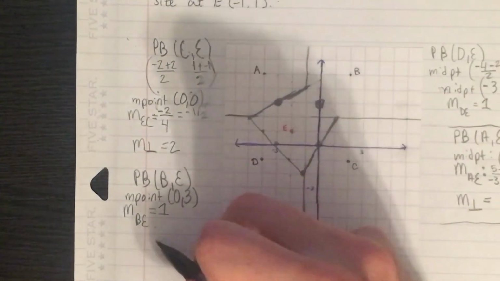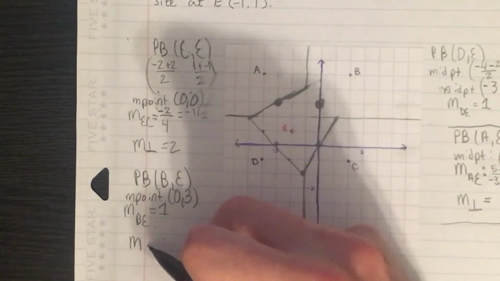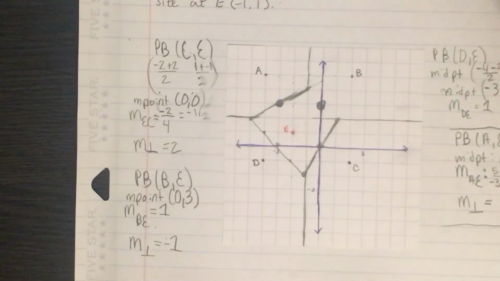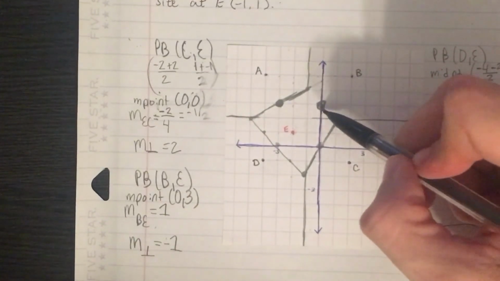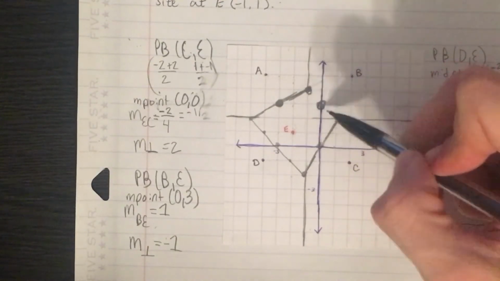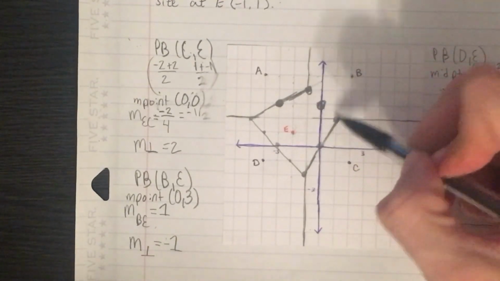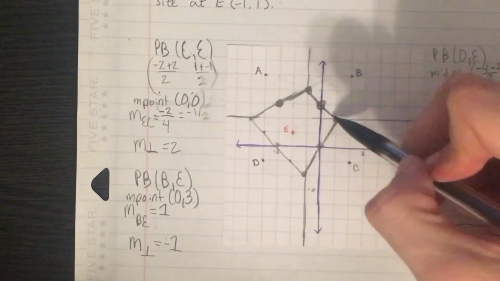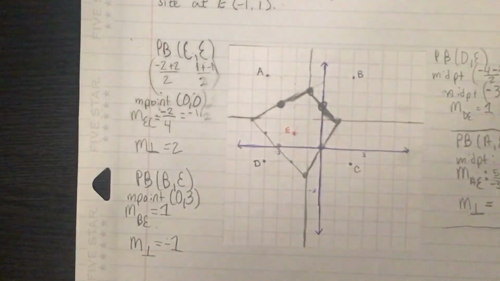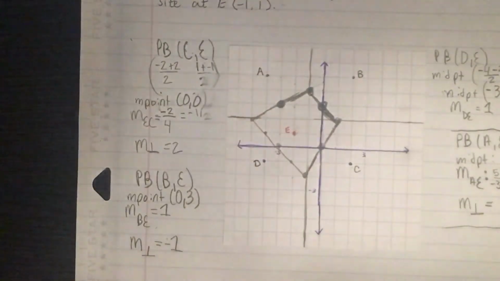So what that means is that the perpendicular slope is -1. So for this midpoint that we've plotted right here, we're going to go up 1, left 1. We're going to go down 1, right 1. And we're going to draw the rest of this Voronoi for E. So it's kind of a trapezoid, right?